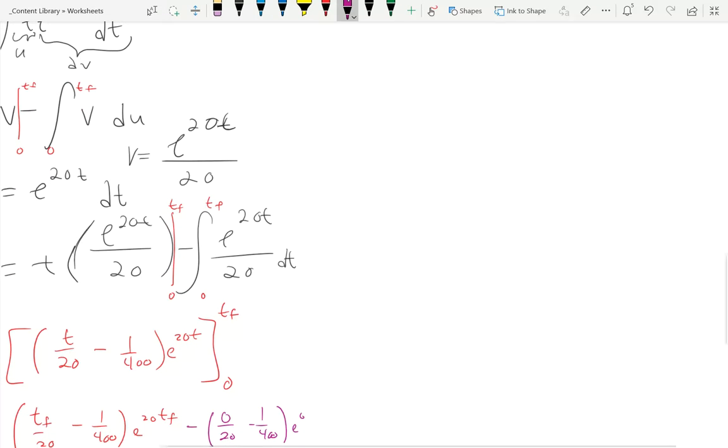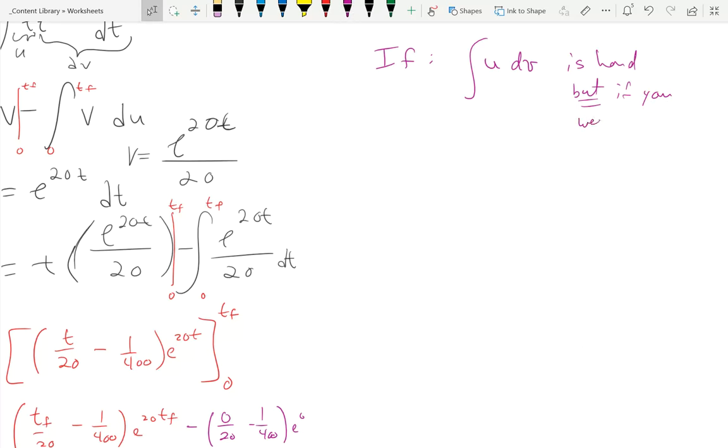Integration by parts is, if you have the integral of two functions that is hard, but if you were to take the derivative of u and the integral of dv, it would be easier.